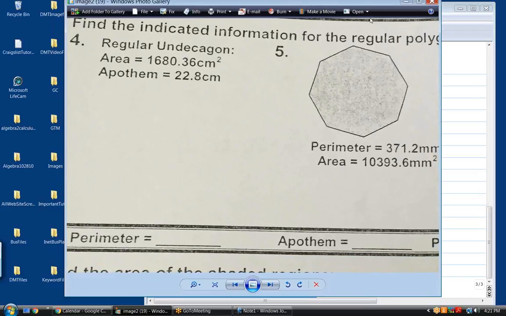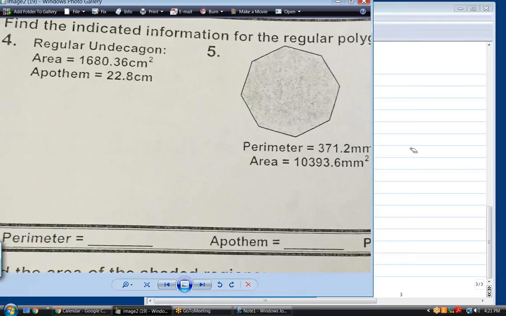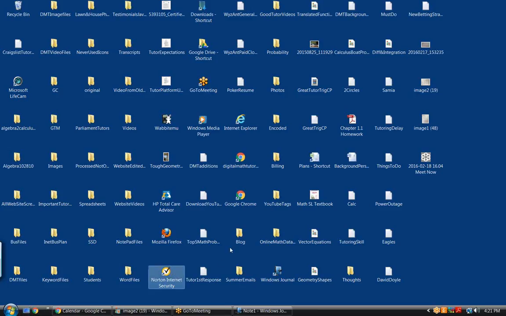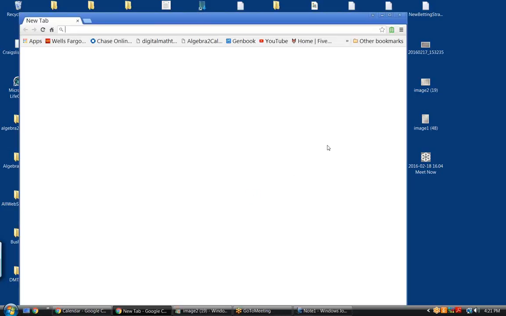Again, we're on regular. Oh, goodness. What is a undecagon? That must be 13 sides. No, what is that? I thought it was 11. I think you're right. What is a unidecagon?